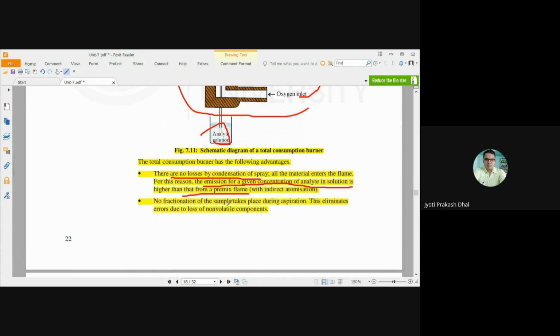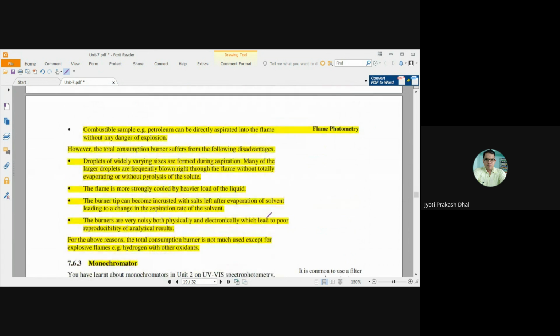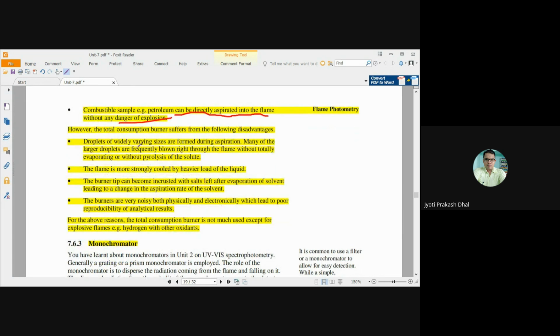No fractionation of the sample takes place during aspiration, and it eliminates error due to loss of non-volatile components. Combustible samples like petroleum can be directly aspirated into the flame without any danger of explosion. So these are the advantages.